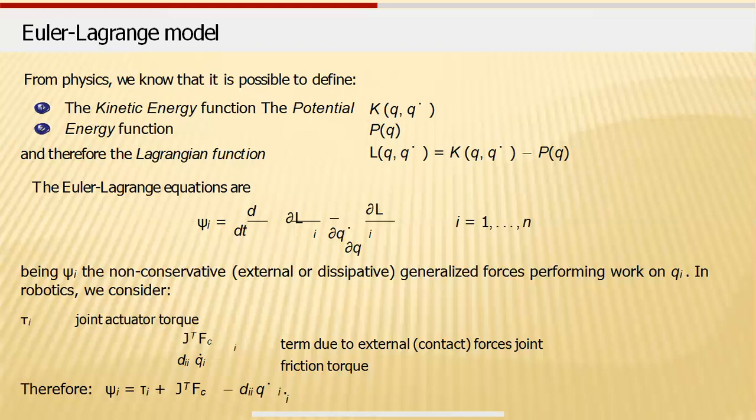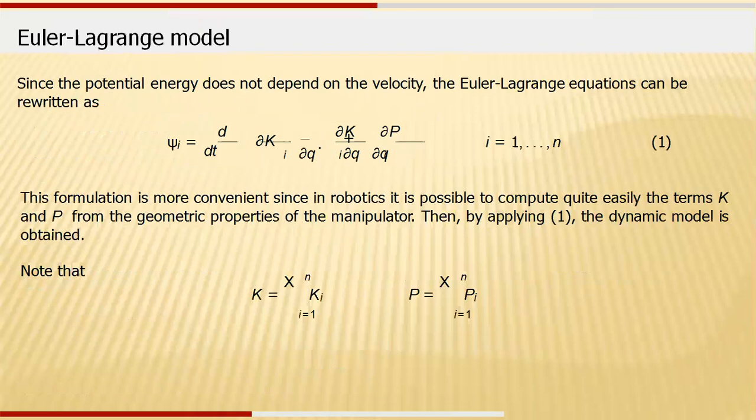Therefore, by considering these external forces or joint actuation torques, psi i is replaced with the joint actuator torque Ti plus Jt of Fc, nothing but the joint torque commenced by the external force application, minus the frictional torque, which is created with respect to a driven link, or drive gear or driven gear, driven pulley. Hence, the potential energy does not depend upon the velocity.